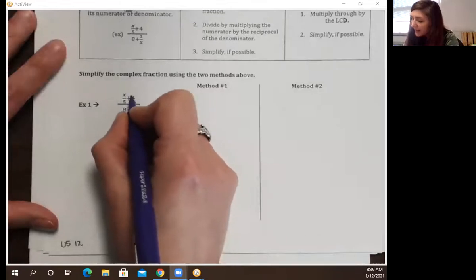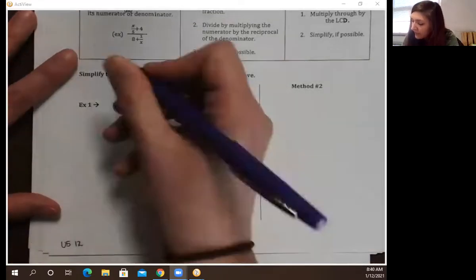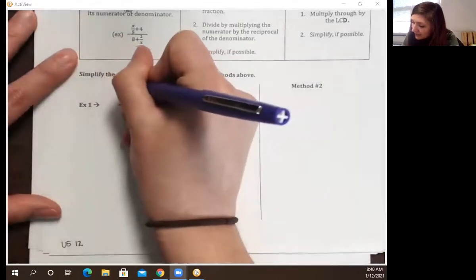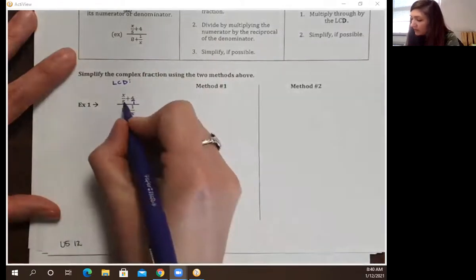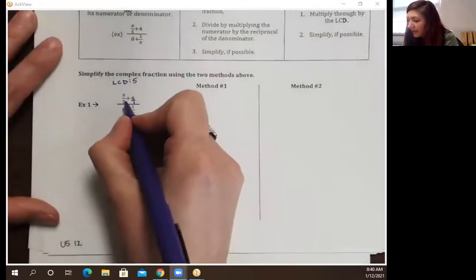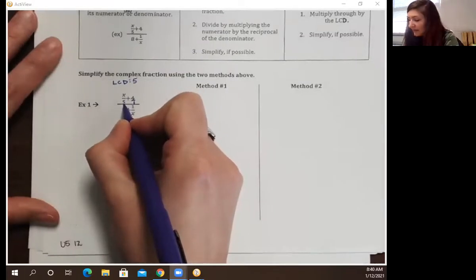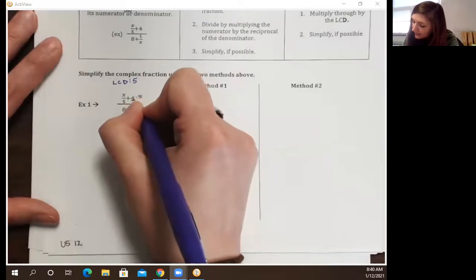So for my top portion of that large fraction here, my least common denominator for the top, if this is 4 over 1, would just be 5. My first fraction already has that common denominator, so I don't have anything to do there. But for my second fraction, I need to multiply the top and bottom by 5.